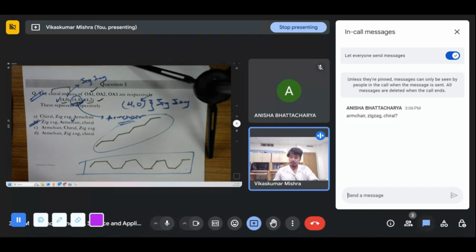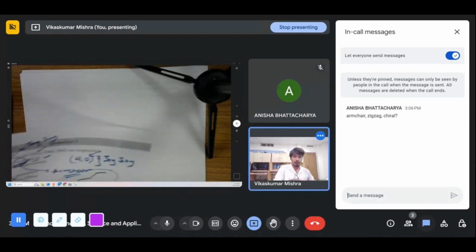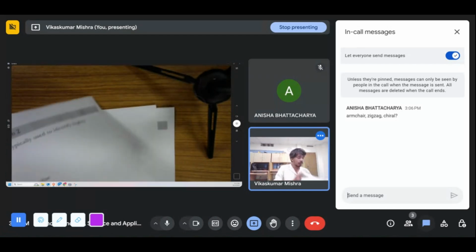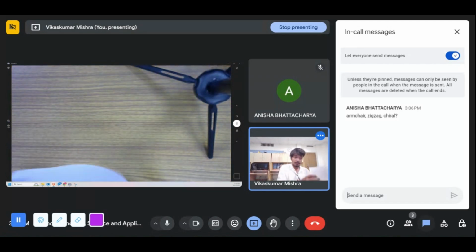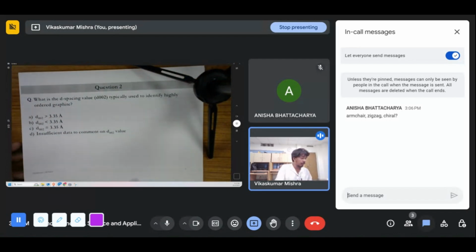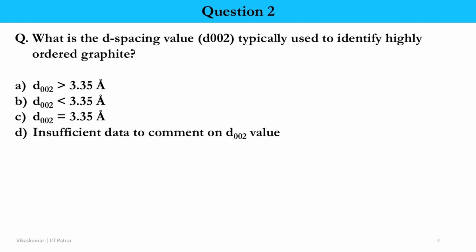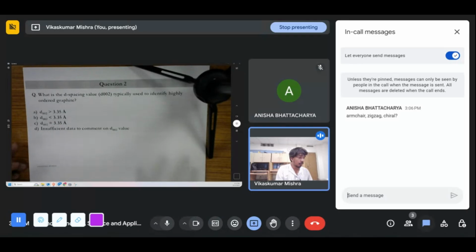Okay, since there is none, let's move to the next question. Question number 2. Now this is an easy type. If we went through the lecture, we will easily be able to solve this one.